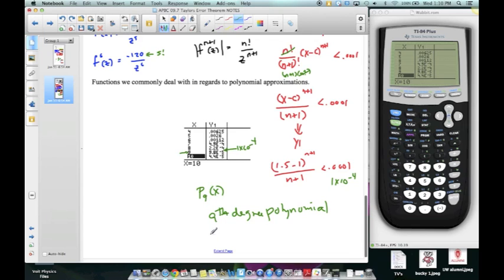Now, keep in mind that a 9th degree polynomial means that x to the 9th power has to appear in a polynomial expression. Because we start with a 0th power term, in other words, we start with the value of the function at the center, that actually means we have 10 terms that are listed.